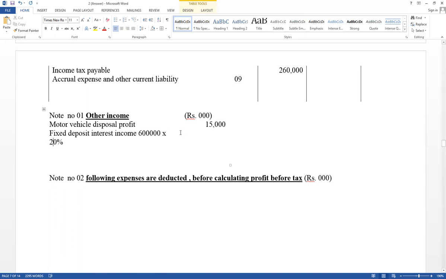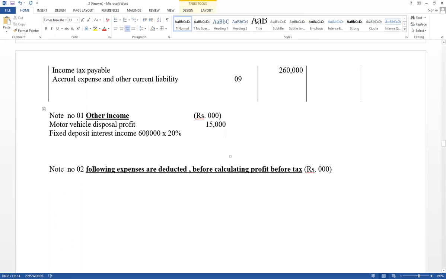Then take the answer. Therefore, as an income, based on accrual concepts, you have to consider 120,000. This value should be considered as income, but the trial balance has given 84,000 as FD interest income. That is a value received in cash.